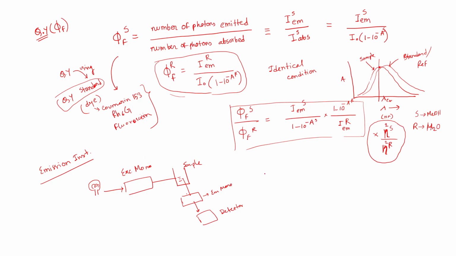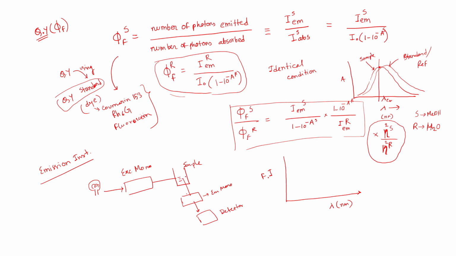So for an emission measurement, suppose this is lambda in nanometers and it is increasing here, and suppose this is your fluorescence intensity. For absorbance, you have seen a 180 degree instrumentation, or pathway. But for fluorescence, why are we choosing a 90-degree setup?